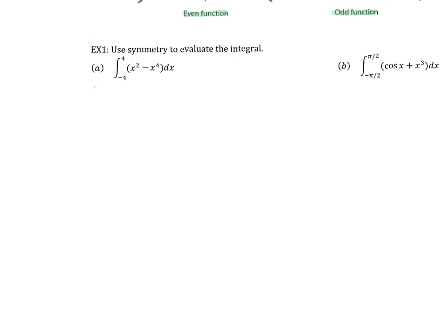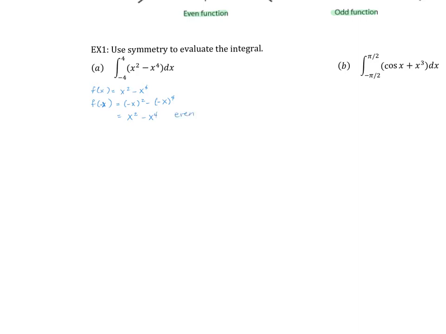Notice that f of x is equal to the integrand x squared minus x to the 4th, and f of negative x is equal to negative x squared minus negative x to the 4th, which is simply x squared minus x to the 4th.